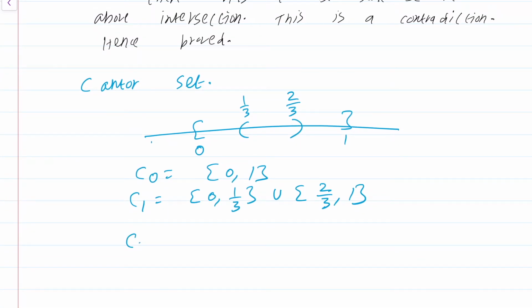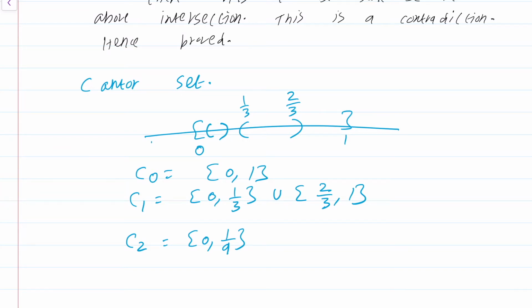Now C2, what I do is the following. I remove the middle 1/3 here. Well, what is that going to be? That's going to be an interval of size 1/9. So it's going to be [0, 1/9], then 1/9 to 2/9 has been completely removed from this.